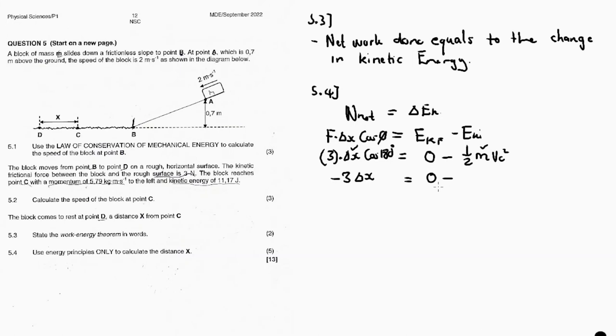So I can calculate the kinetic energy at point C, but there's no need to calculate it, since it was given: the kinetic energy at point C was 11.17 joules. So therefore it's minus 3. Instead of we calculate, you just substitute whatever was given.